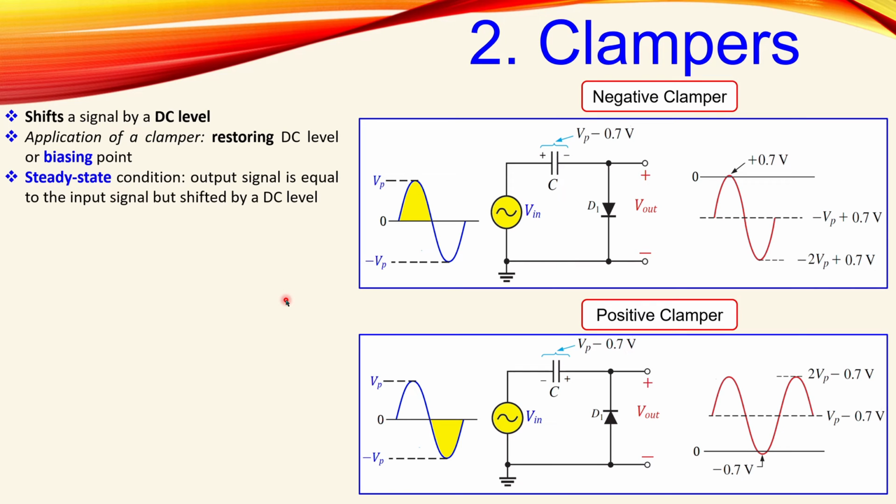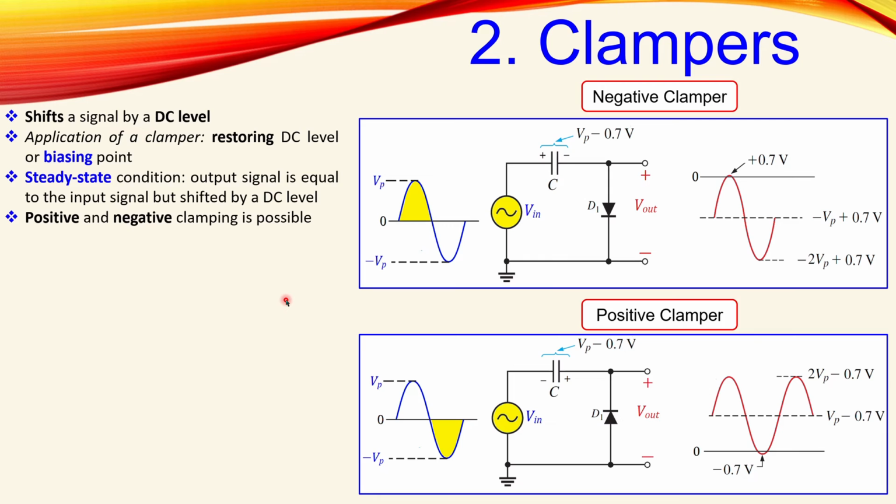Now at steady state, the output signal is equal to the input signal, but shifted by a DC level. So the shape will be the same, it is not reshaped or clipped, but it is shifted in the vertical direction, not in the horizontal direction.